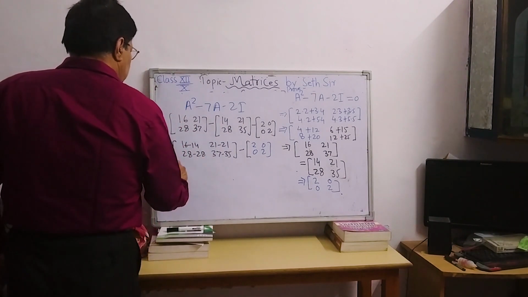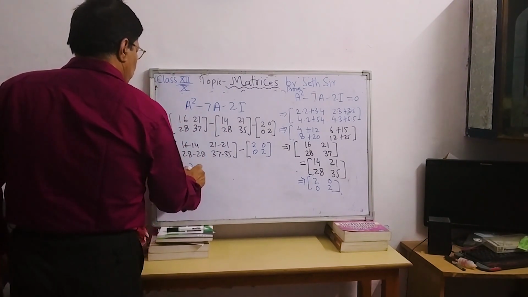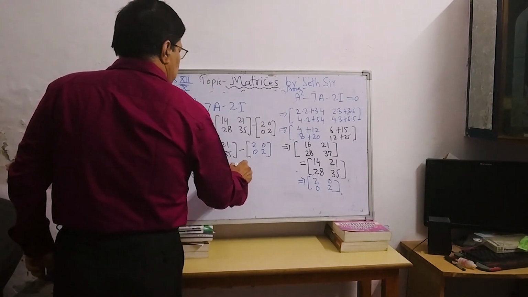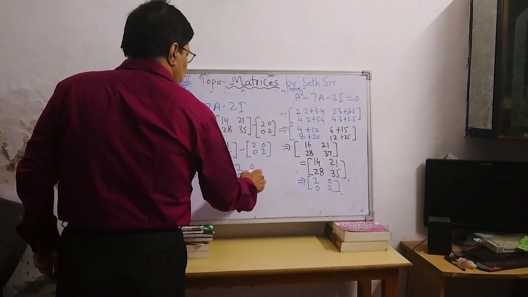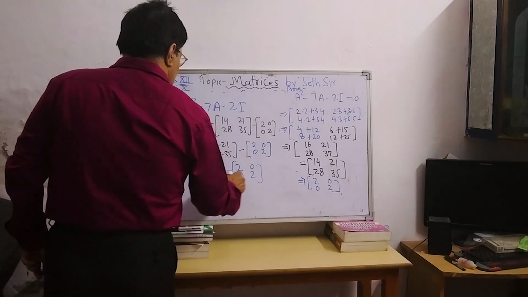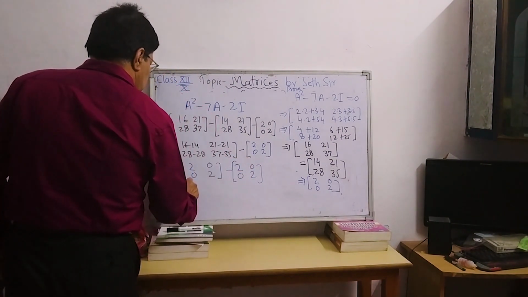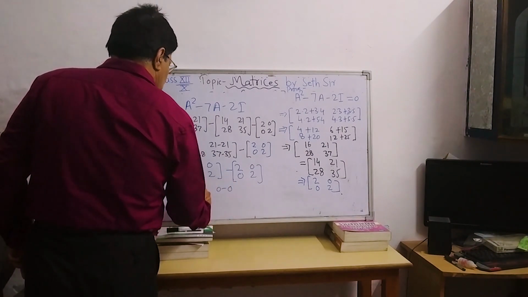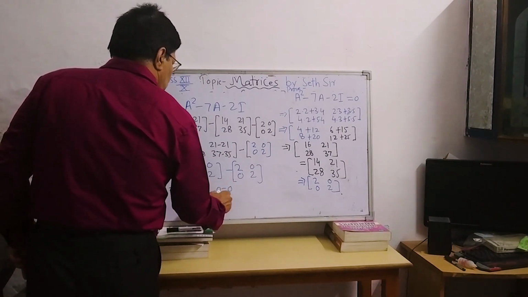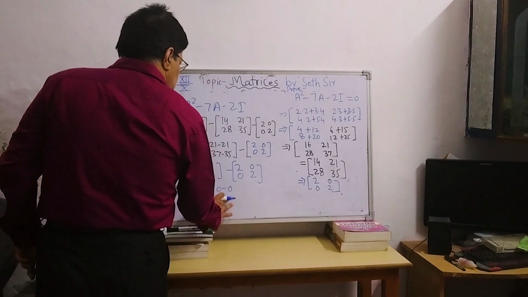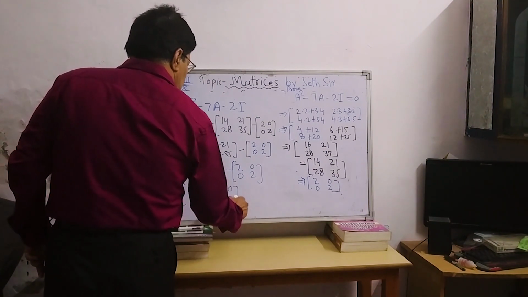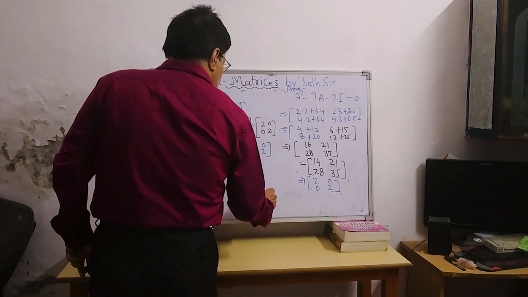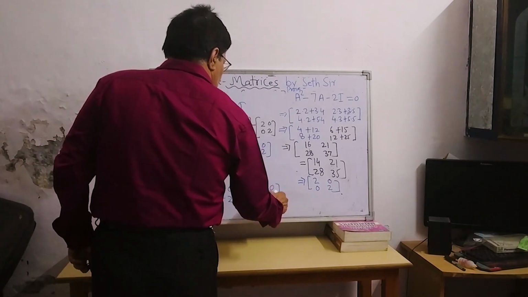So simplify it. What will you get? 2 minus 2, 0 minus 0, 0 minus 0, 2 minus 2. Clear? So what will come? 0, 0, 0, 0.